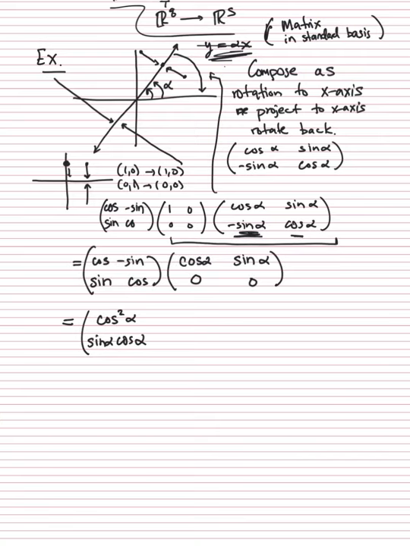The second one is, what does this matrix do to sine alpha? And you get exactly sine alpha cosine alpha, sine squared alpha. Okay, so you can check these formulas easily. This is now the general formula for projection onto y equals alpha x.